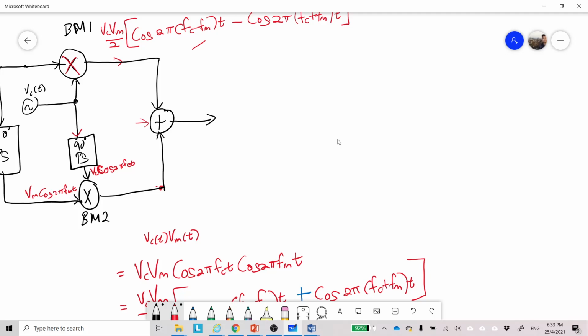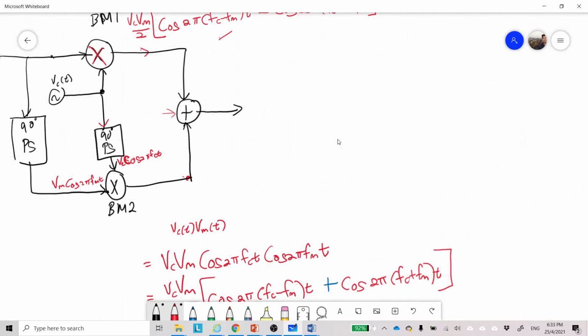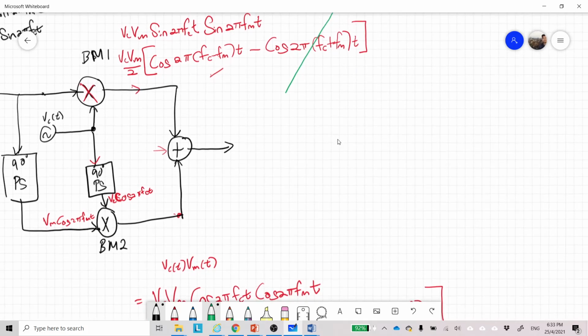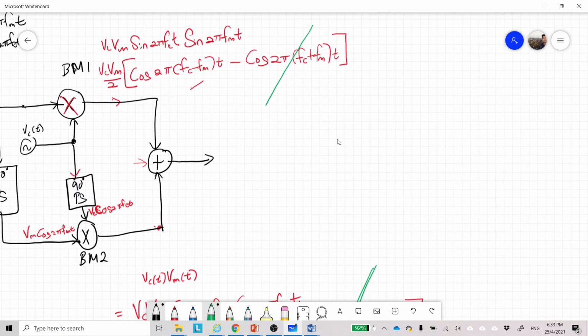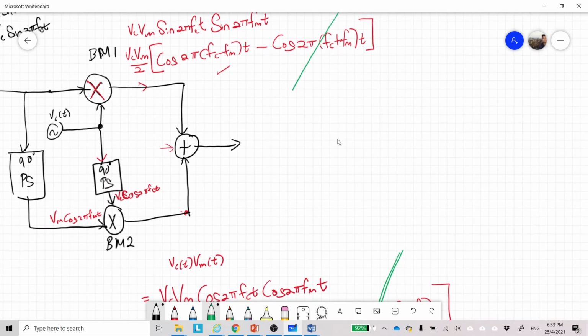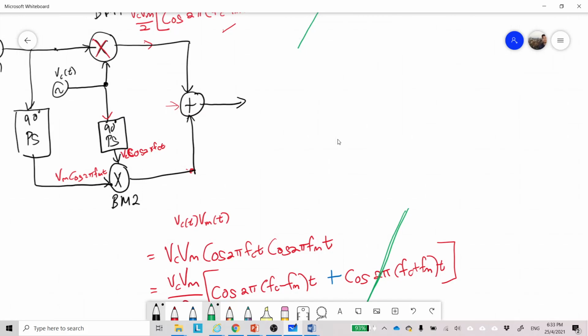So during the summation process, these components can be cancelled out because this is minus and plus, so we can cancel out the upper sideband. Okay, because this is plus and minus, it will be cancelled out. And one over 2 VCVM, half VCVM plus another half VCVM, so we're going to produce VCVM at the output.